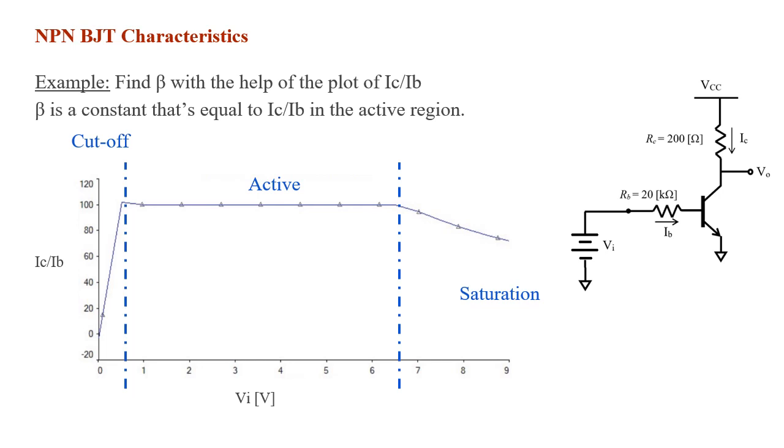So there are two important parameters that we need to highlight. First is the collector current over the base current. The second thing is the active region. So we need to be in the active region and then find that constant, which is 100 in this case. So now, according to this plot, the value of beta can be found as 100. So you can say that beta is equal to 100 for this particular plot.